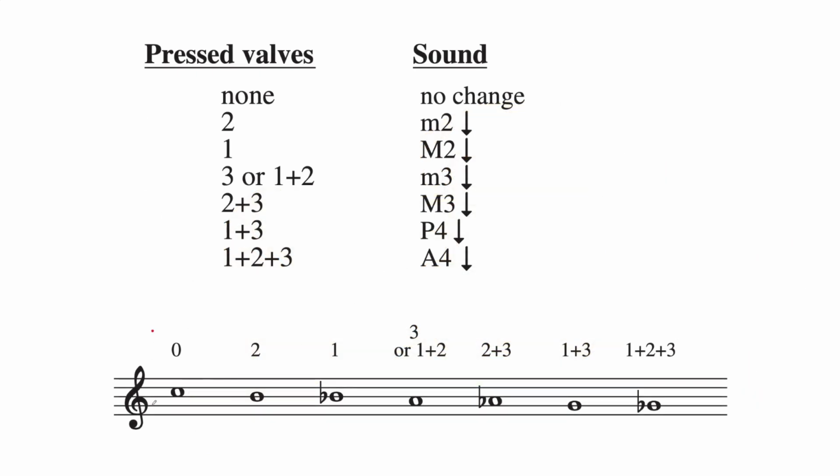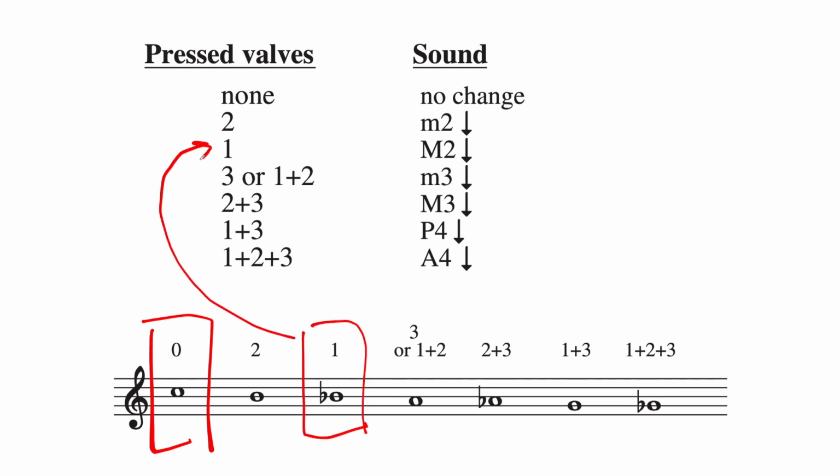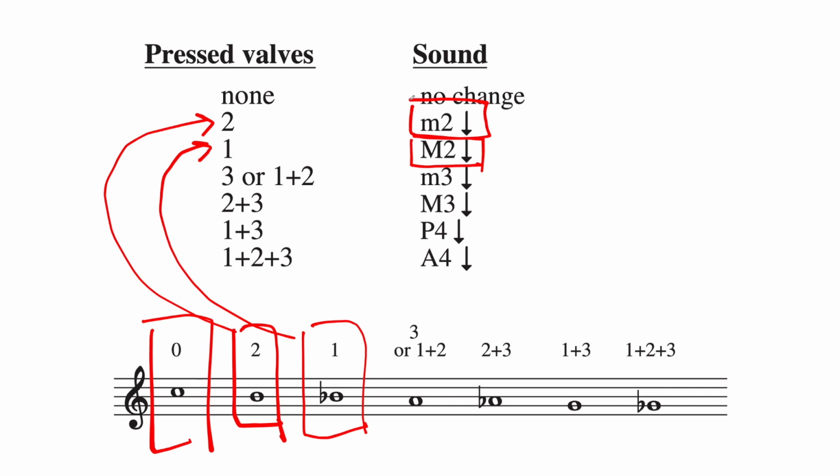If I produce this pitch, C5, without pressing any valves, then I would get this pitch by pressing the first valve. The first valve lowers the sound a major second. The second valve lowers the sound a minor second. The third valve lowers the sound, like in this case, a minor third, but also the first and second valves together do the same job.